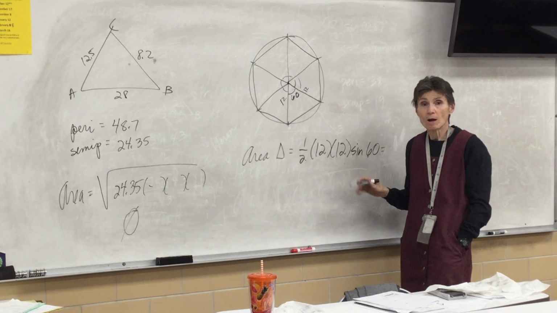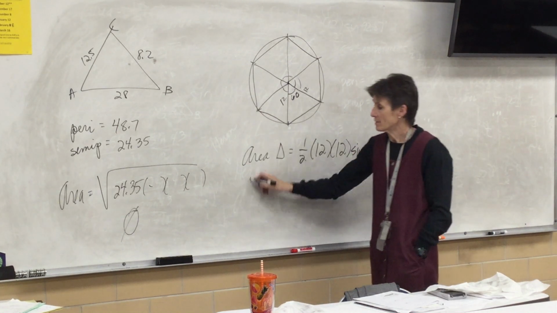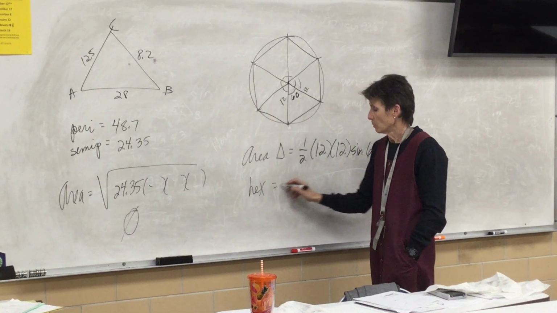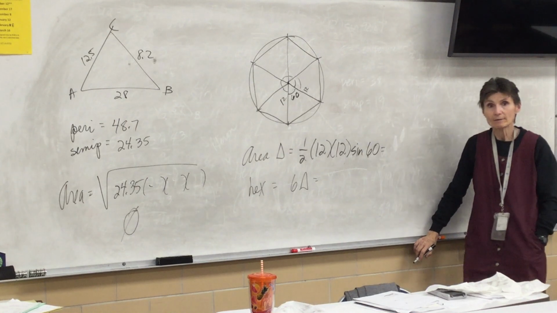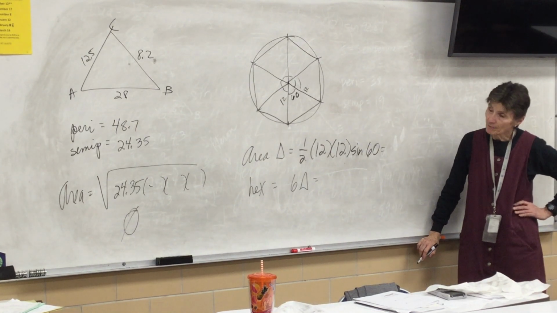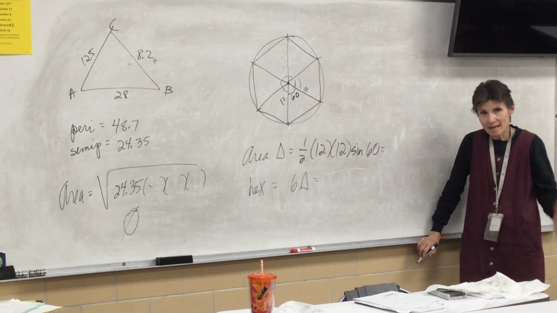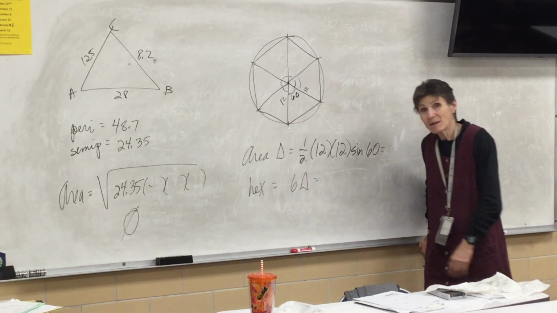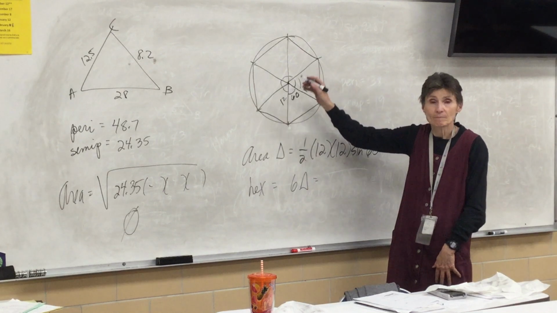Before we finish the problem, because that, remember, is just the area of the triangle, to get the area of the hexagon, we're going to have to multiply that by 6. 6 times the triangle area. But before we do that, I want you to think about, what if that had been a pentagon? Well, your strategy would be exactly the same. But if it's a pentagon, you would only have 5 triangles.